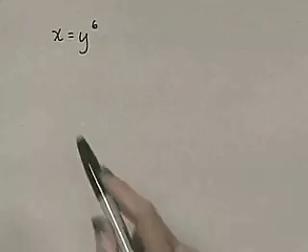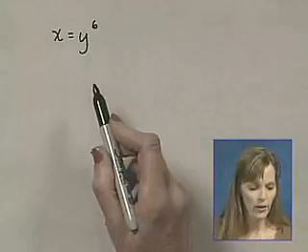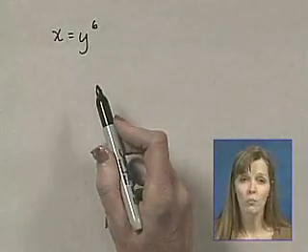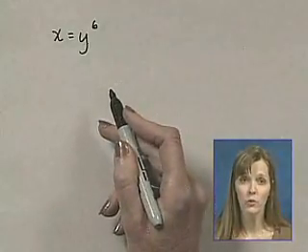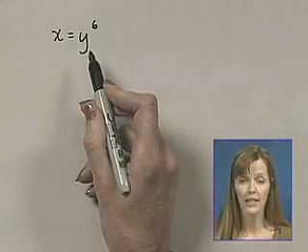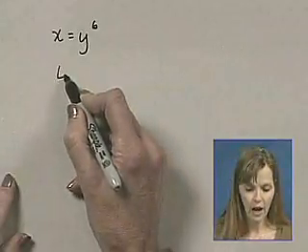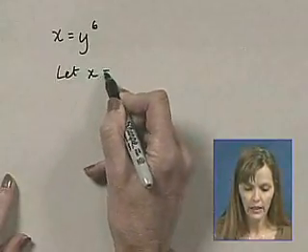We have x equals y to the 6th power. We would like to determine whether or not this is a function, and we can do so by checking individual values. This might give us a good way to take something that's a little bit more abstract and make it something concrete. For instance, let's let our x value equal 1.